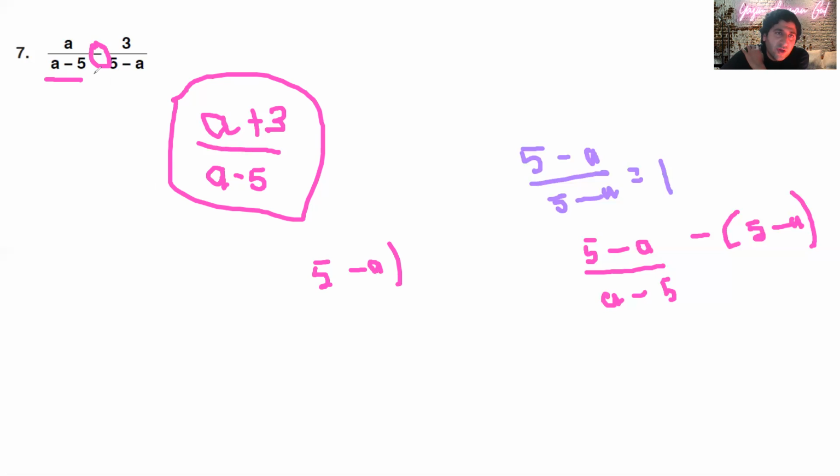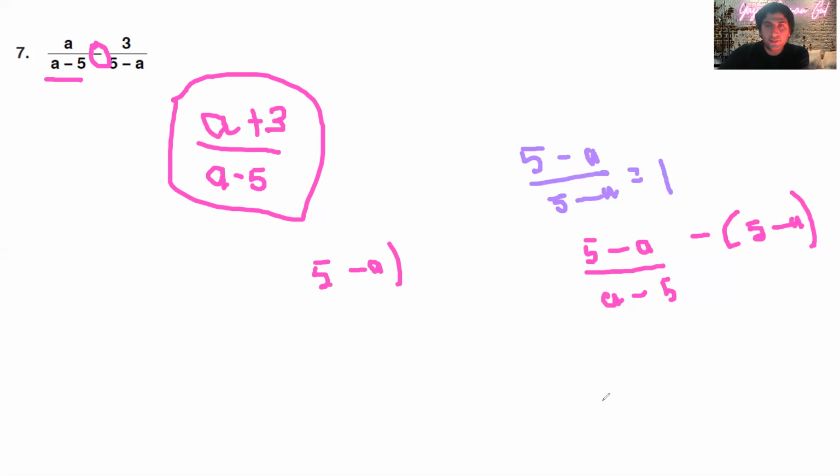I need to either multiply 5 minus a with a negative sign or a minus 5 with a negative sign, to get them the same. In both cases, it will change this negative sign here, so it's going to be positive. So a minus 3 will be a positive 3, over a minus 5, because now we got them the same. We have to make them the same.